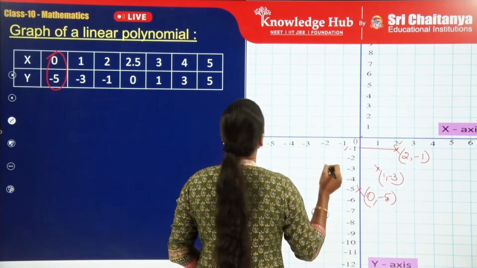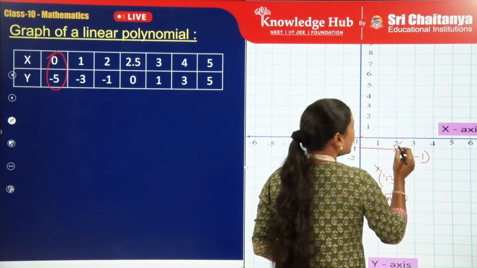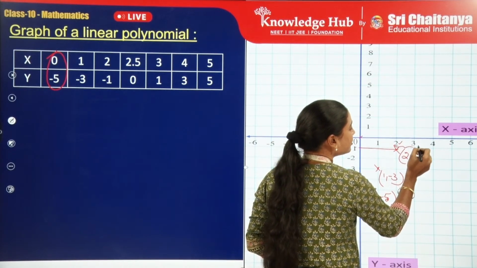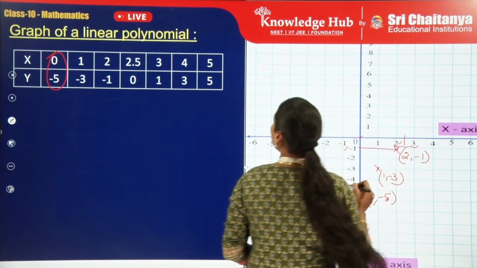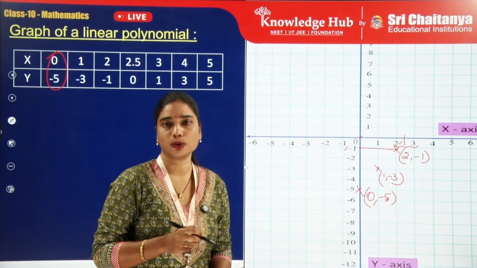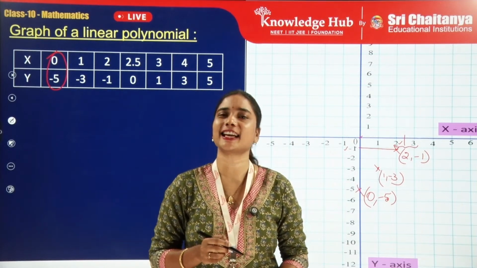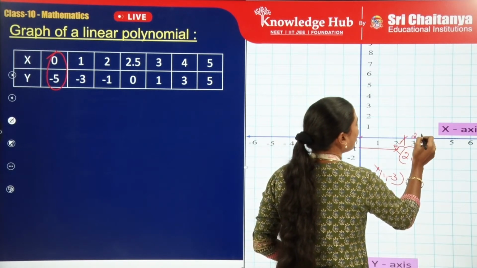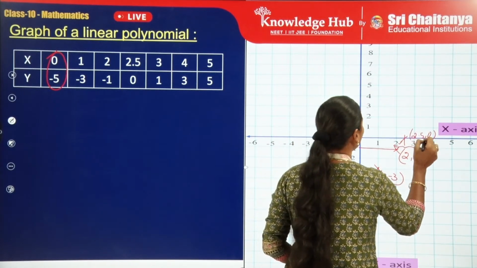And then (2.5, 0). 2.5 lies in between 2 and 3. For (2.5, 0), the y coordinate becomes 0, hence the point lies on the x-axis. Then mark the point (2.5, 0) here.